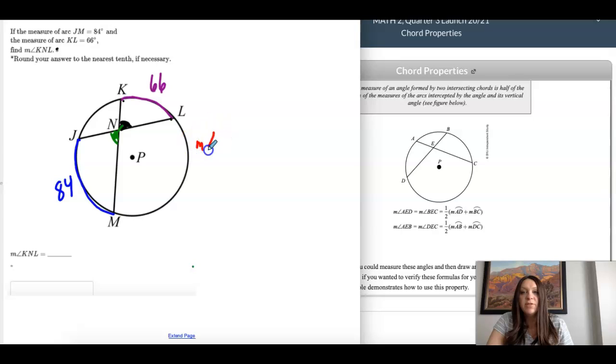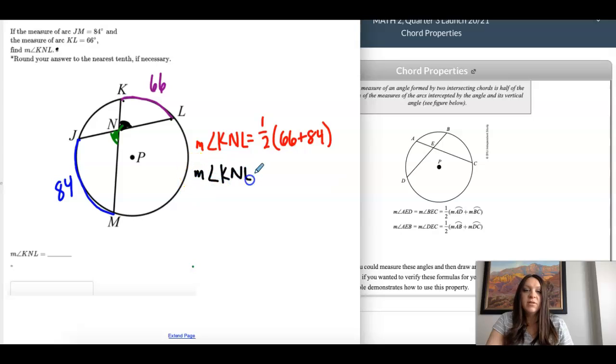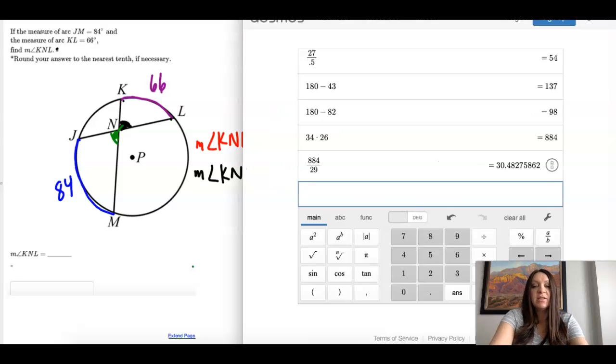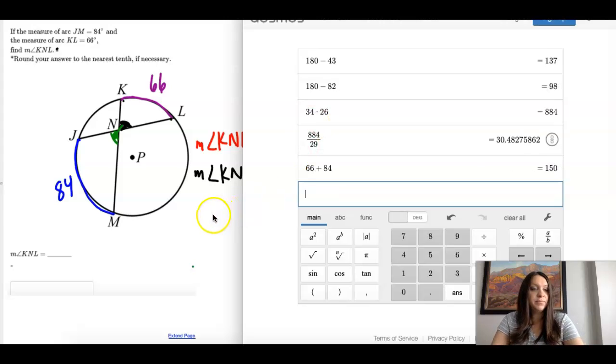So let's do measure of angle KNL equals, and I'm just copying this part, half of the arc lengths. So it'd be 66 plus 84. So the measure of our angle is half. 66 plus 84 is 150.